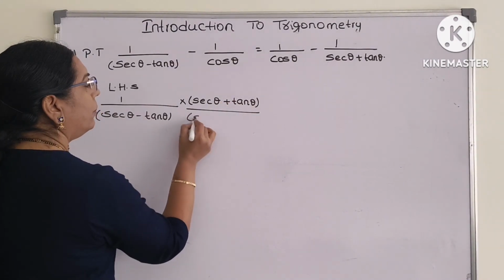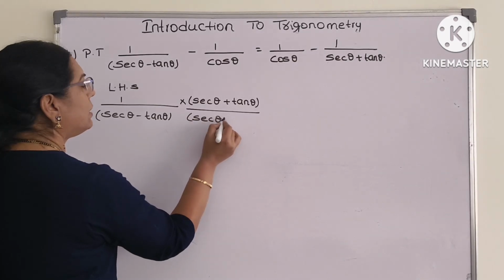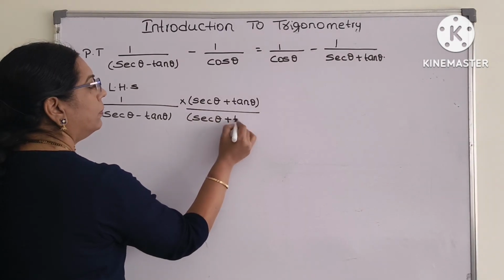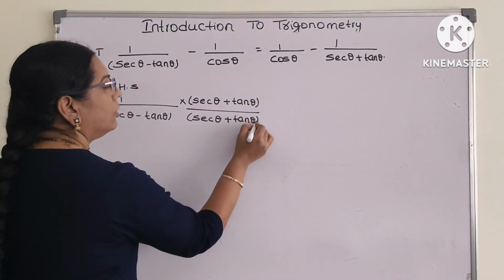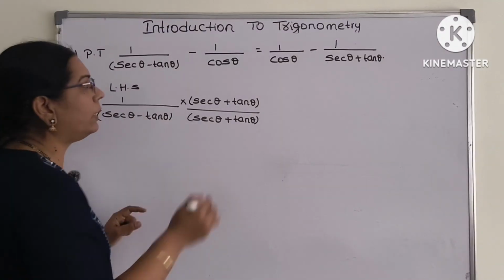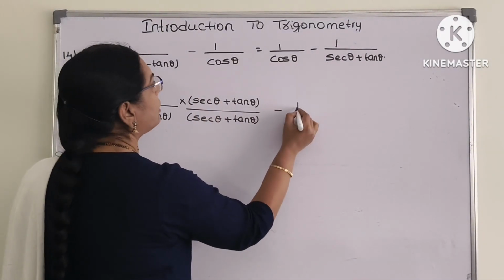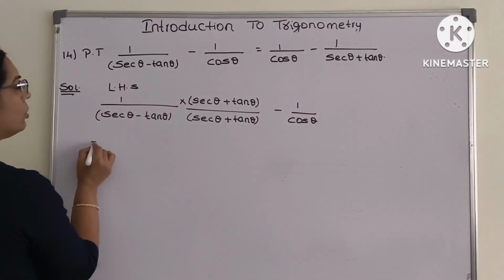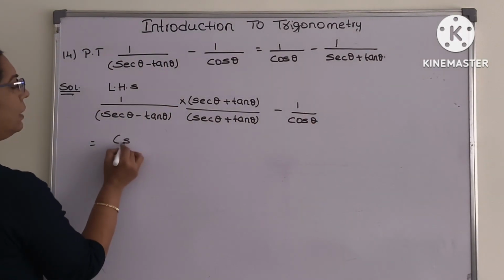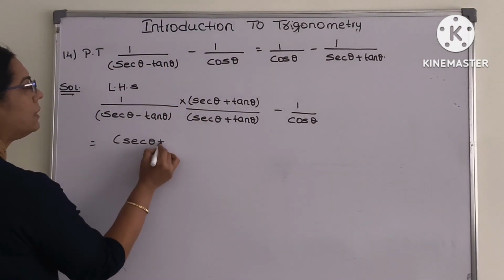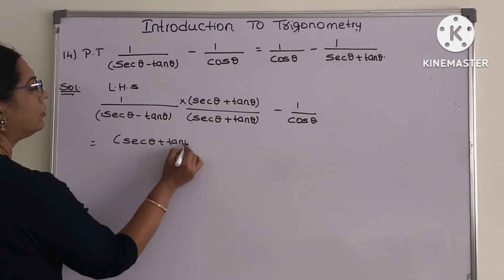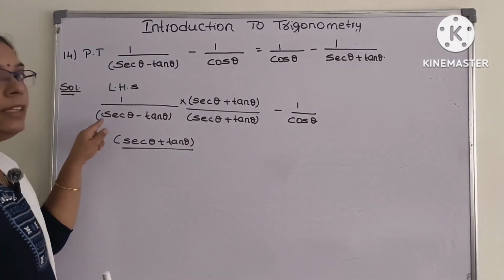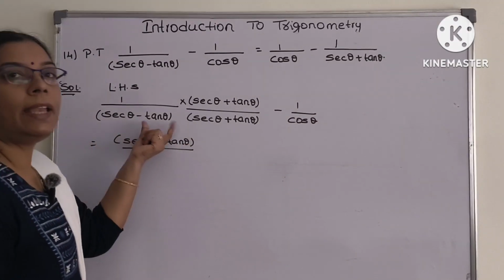So I am rationalizing just one term. Yes, you can rationalize one term and then write minus 1 by cos theta as it is without any change.